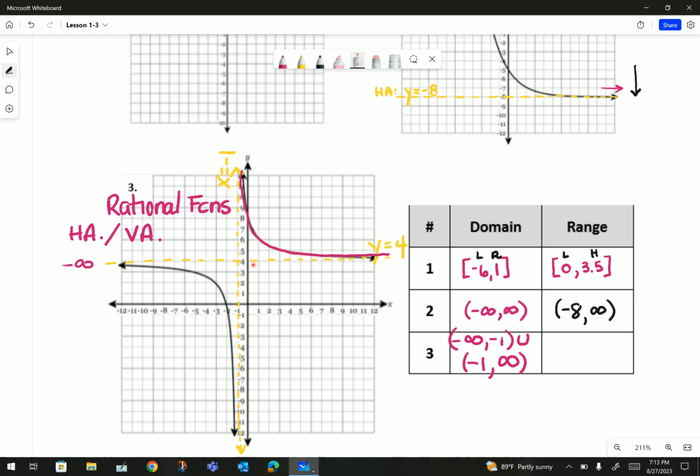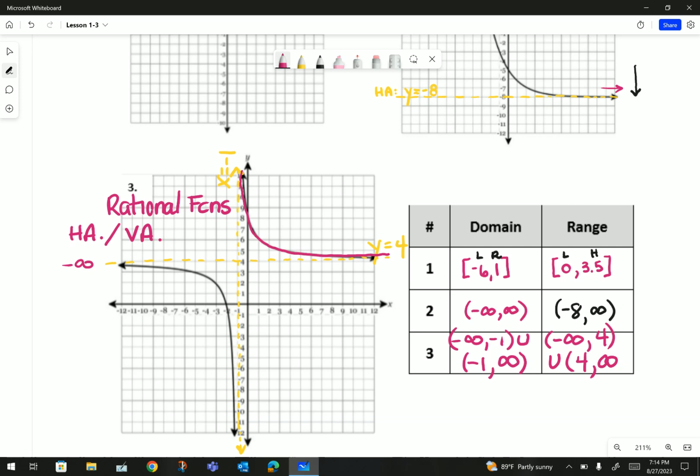Then you have to jump over that horizontal line, and then you keep going up. In essence, you're going to say all real numbers except for 4, but in interval notation, you say from the bottom, -infinity, all the way to 4, and then union 4 all the way to +infinity. So that's your range value.